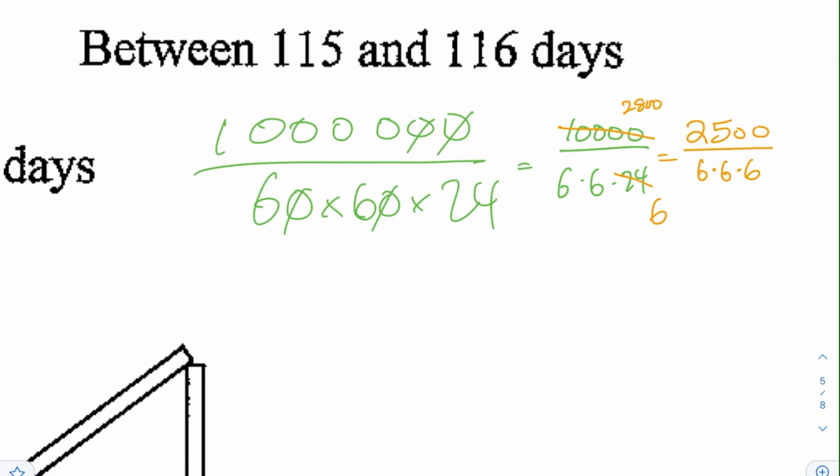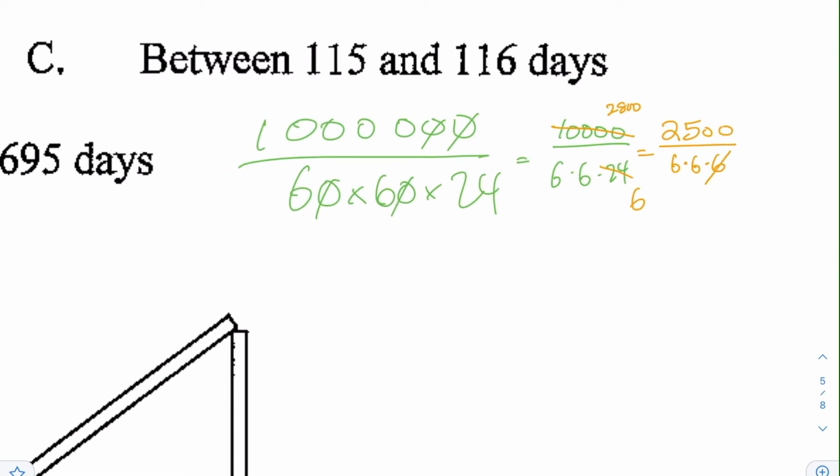And from here, you can have a common factor of 2 again. Then that's 1,250 divided by 6 times 6 times 3. And then you can divide this as 125 and 10. And 10 you can factor out another 2. That would be 5 left. And you don't have any more factors. So the numerator is 125 times 5. And the denominator is 6 times 3 times 3.